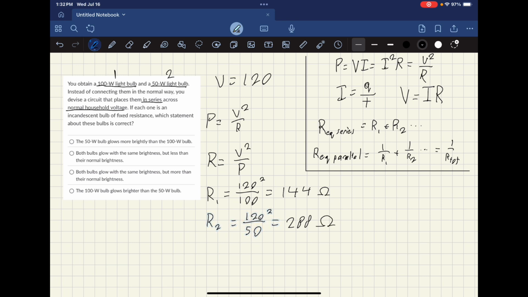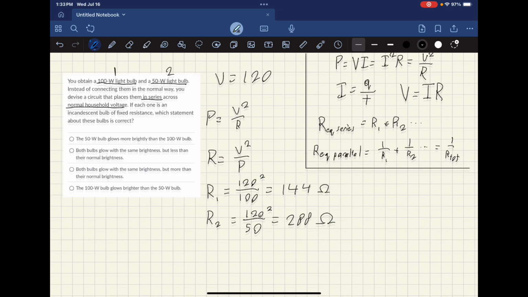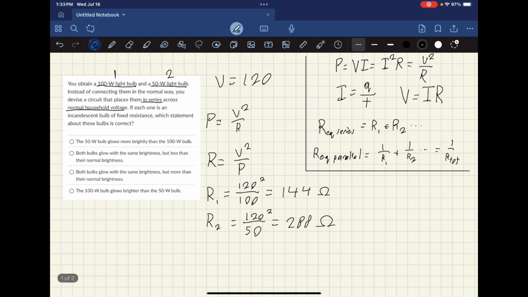So we have the resistance now, and we want to know which one glows brighter. The bulb that is going to glow brighter is actually just the one that has the greater resistance, because we're concerned with a series here. In a series, current remains the same.